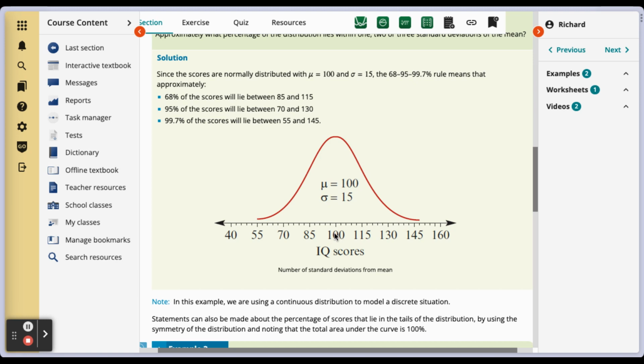So that would be 100 minus 30 to 70, or 100 plus 30 to 130. So 95% would be between 70 and 130, and 99.7% of the scores would be 3 standard deviations away. So you'd subtract 3 lots of 15 or add 3 lots of 15 to get our interval here. Does that make sense? Yep, cool.